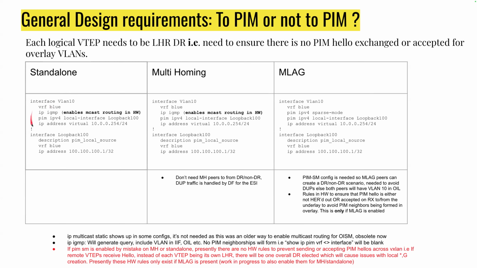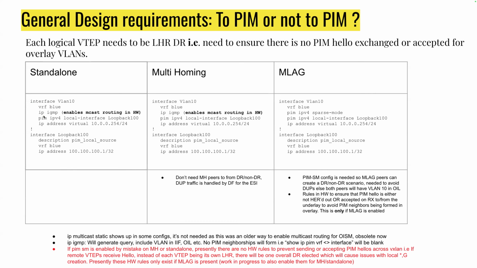Once we do have this configuration present, if you do show ip pim interface vrf blue, you will not see any output. That would be a blank output, because we are not sending PIM hellos and we won't be seeing any neighbors there. We are doing that because presently we do not have any hardware rules programmed on the device to prevent that.